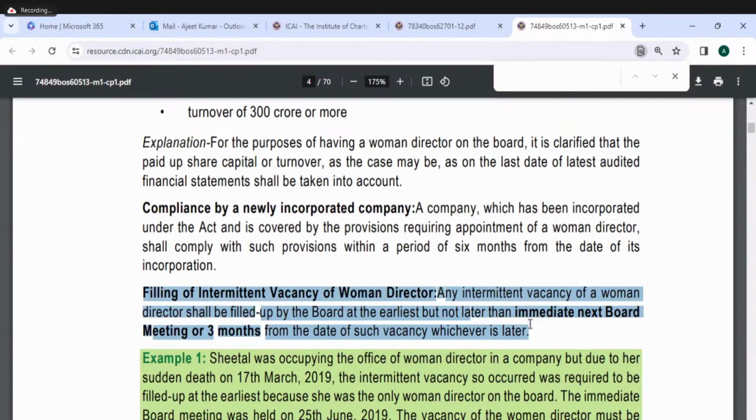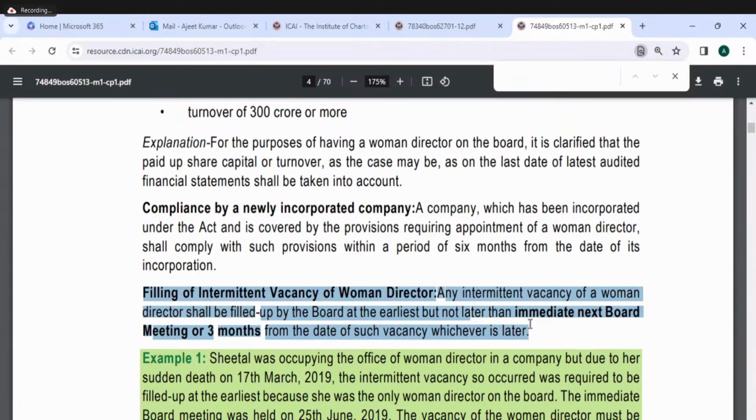Then they are requesting the company that if there is an intermittent vacancy, appoint a woman director as soon as possible. But then they are saying, though we are giving you the time, remember, it should not be very late. What are those dates? But not later than the immediate next board meeting.